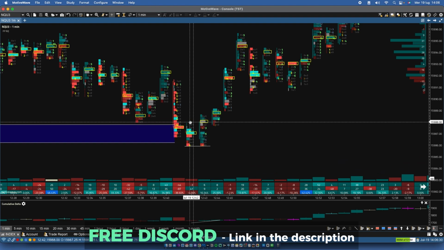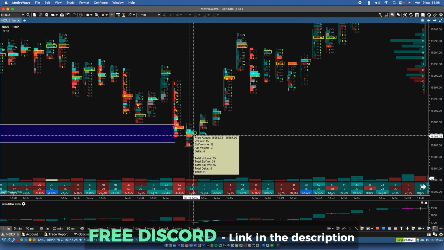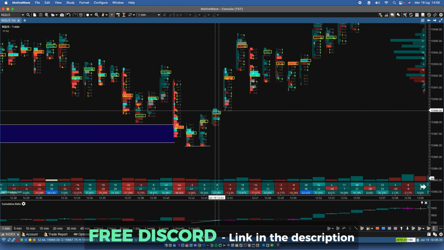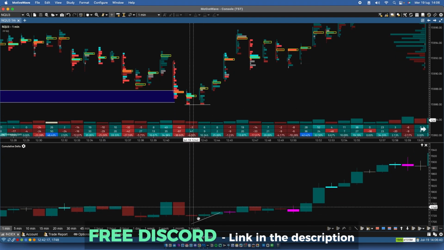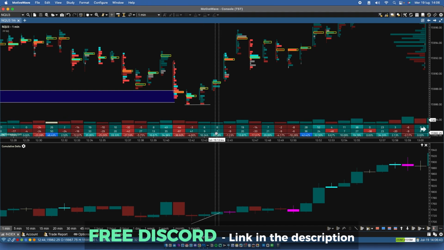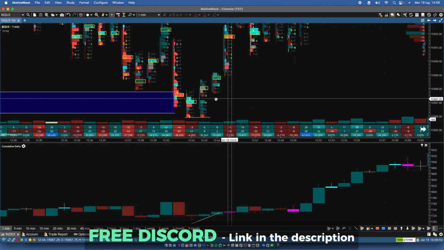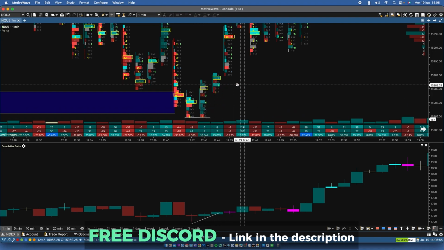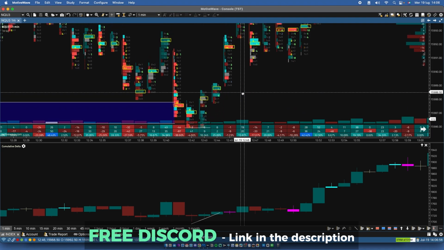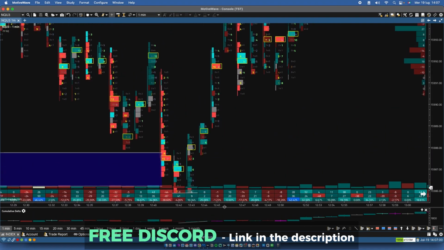Okay, look at the POC, look at the yellow box here, here, and here, then here again. Okay, we have a strong confirmation by delta volumes. Okay, and we have a 25% delta change. Okay, so on this candle we have bullish imbalances, so this is another confirmation. Okay, we have lots of confluences.